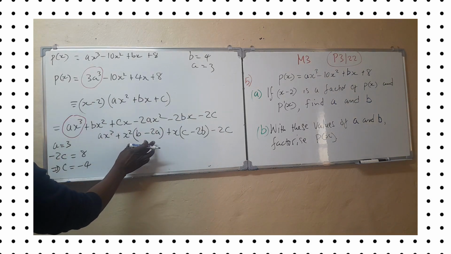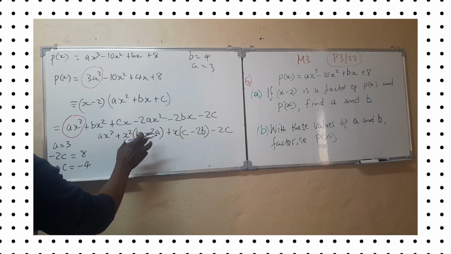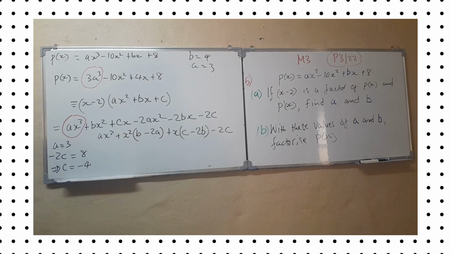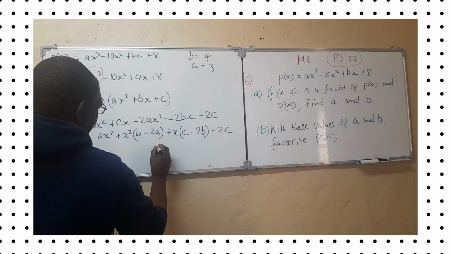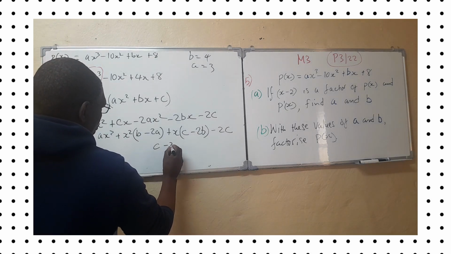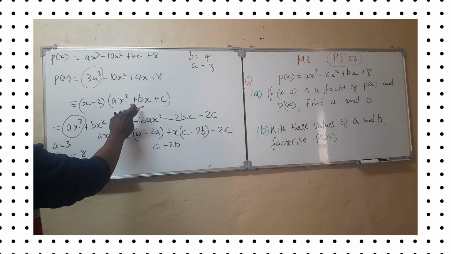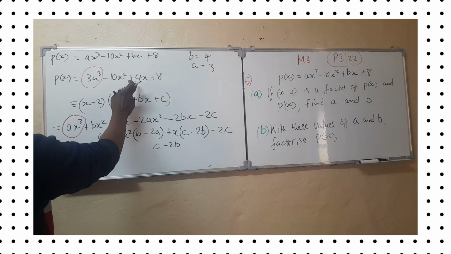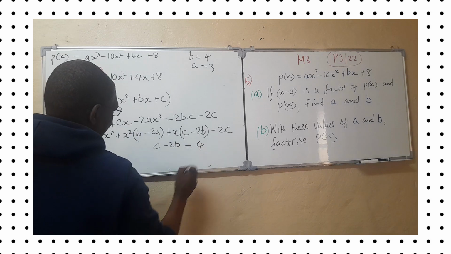Now I'm left with the terms with x squared and that one there. We have to still find our b. Right, let's use this one. We now say c minus 2b, which is the term in x, should be equal to the coefficient of the term in x here, which is 4. So c minus 2b is equal to 4.